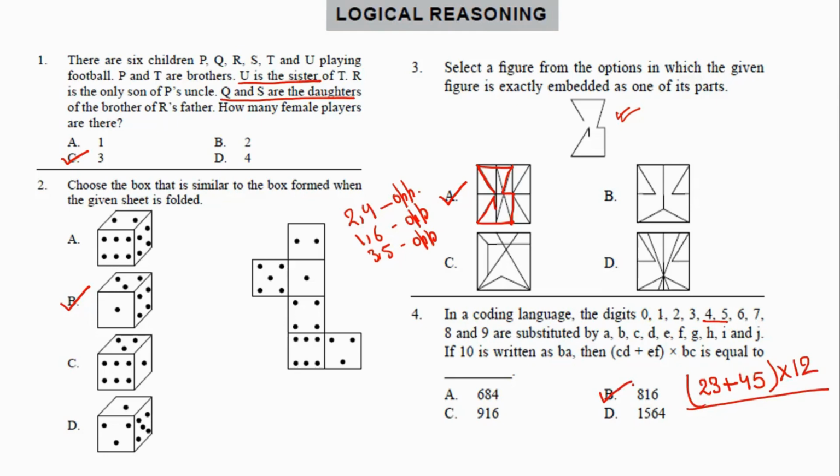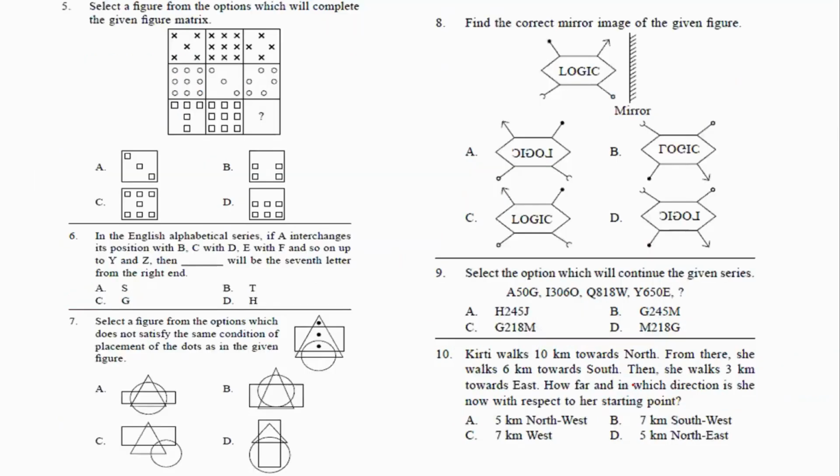Okay, now we come to question number 5. It is said, select a figure from the options which will complete the given figure matrix. So here, the first matrix is cross, the second matrix is this round structure, and the third matrix is the square shape, right?